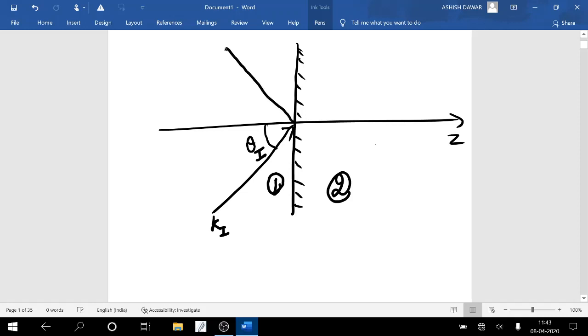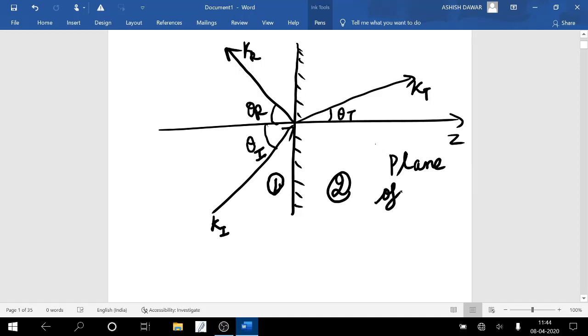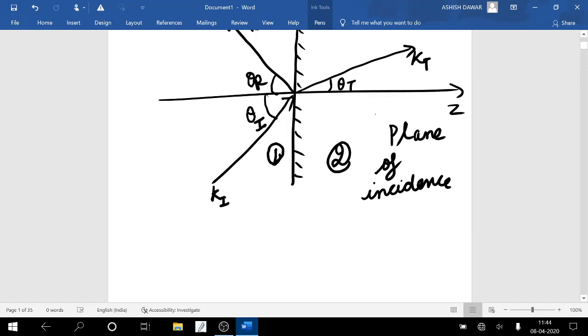From here, this is our reflected ray, which makes an angle theta r, with wave vector kr. The wave travels from the first medium to the second medium, and the refracted or transmitted wave makes an angle theta t, with wave vector kt. This is the plane of incidence.